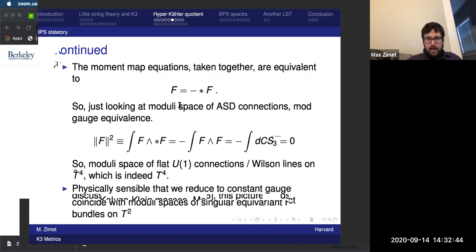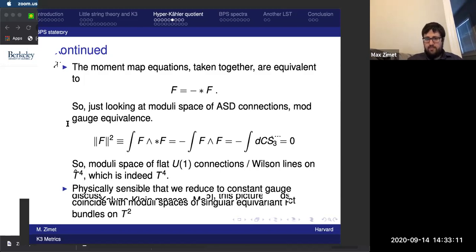And so we're just looking at the moduli space of anti-self-dual connections on this dual torus mod gauge equivalence. Because we're dealing with a trivial principal bundle, being anti-self-dual is the same as being flat. And so we're just looking at the moduli space of Wilson lines on the dual torus, and that is indeed T4, the original torus.